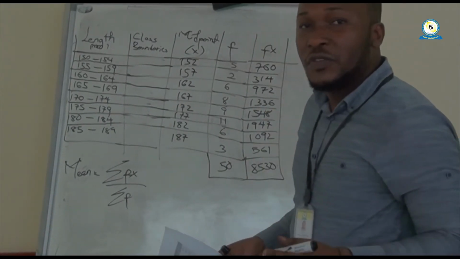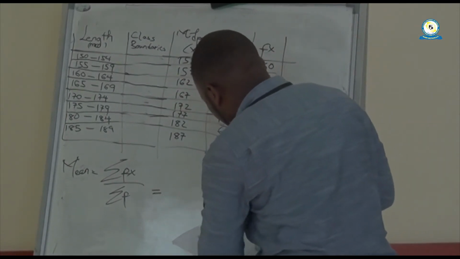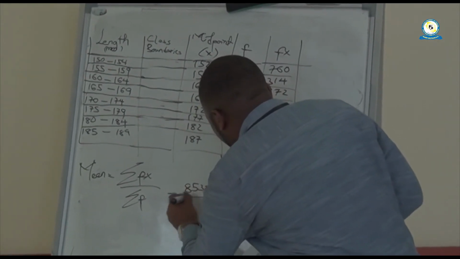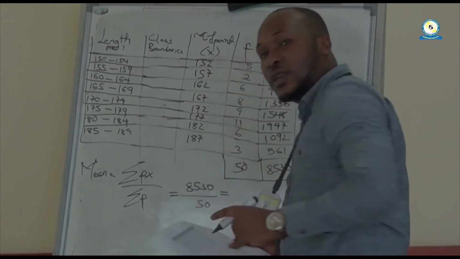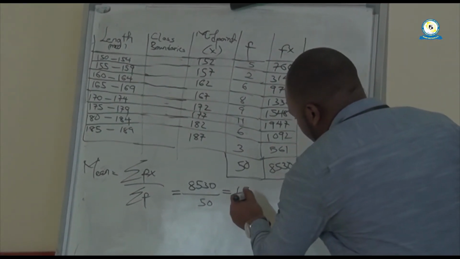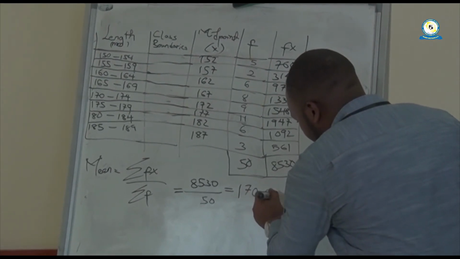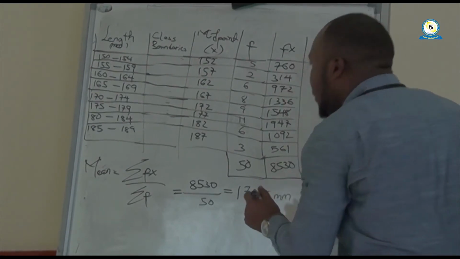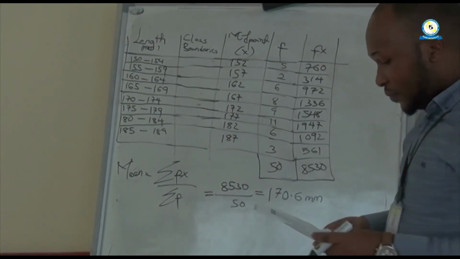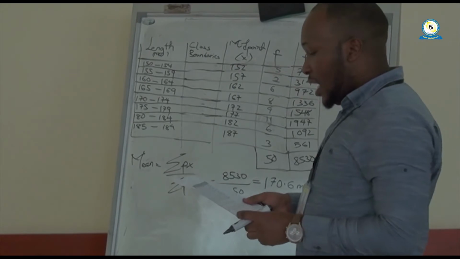After we have recorded the information, we plug into our formula. The summation of f of x is 8,530 over 50. As you can see, our mean length for our carrots is 170.6 millimeters. As I've said, we have obtained this data from a carrot farm. So that is all about the mean.